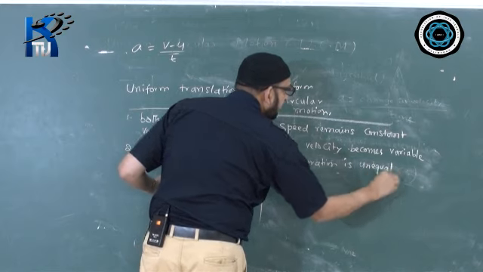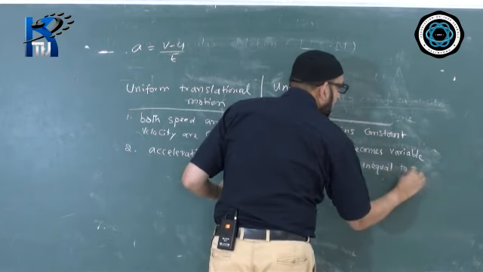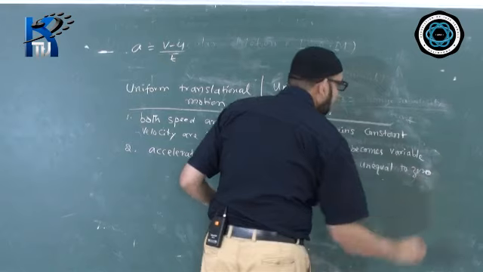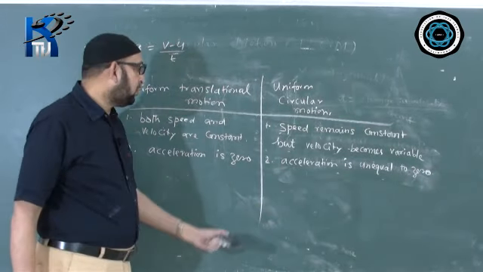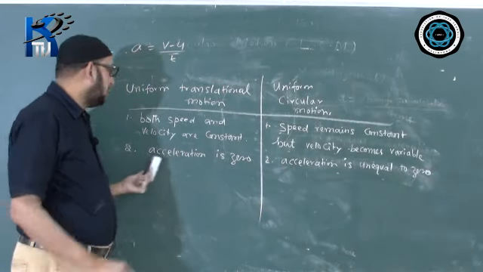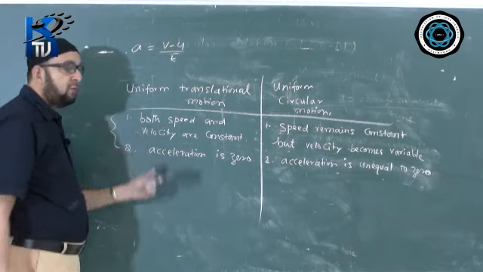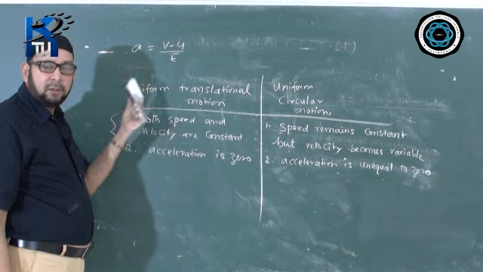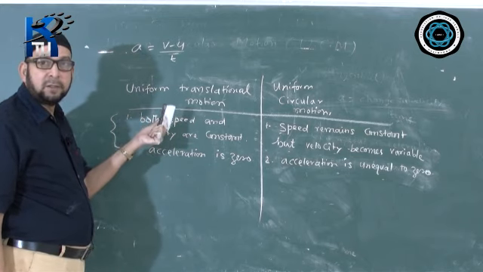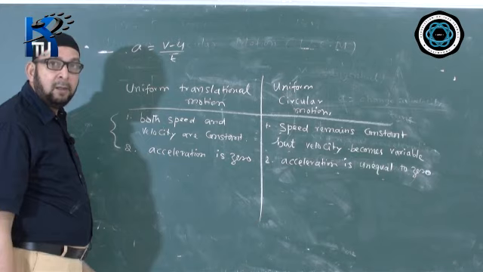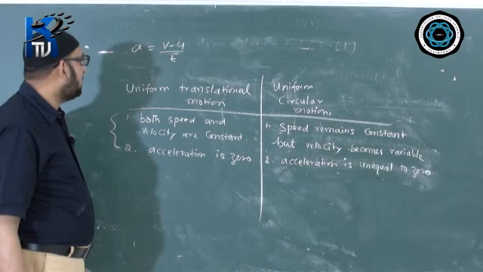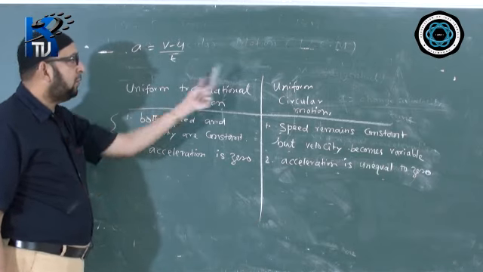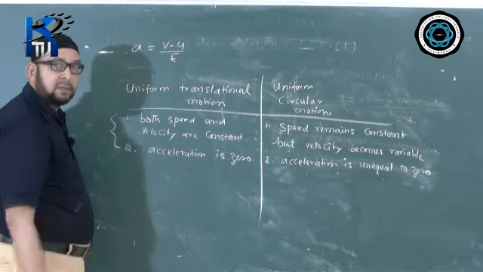Acceleration is there. It is an accelerated motion and it is non-accelerated motion. These two points of differences we must suggest. I think this is the question of the year 2016, they had asked this question: give major differences between uniform translation motion and uniform circular motion. We'll give two major differences.